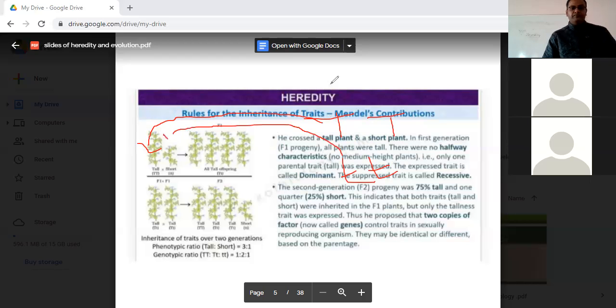Okay, now when these are crossed to get the F1 progeny, what happens? All the plants which we are getting in the F1 generation after crossing the parents are tall.